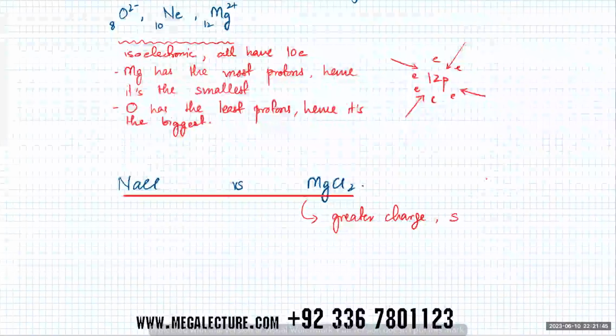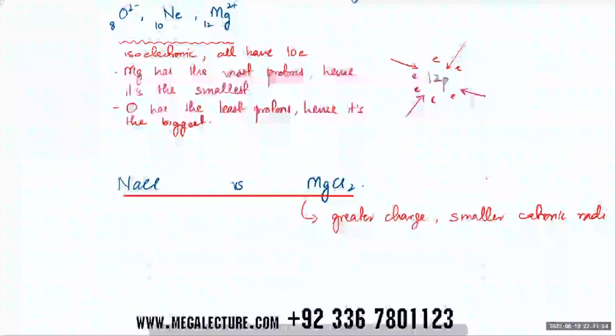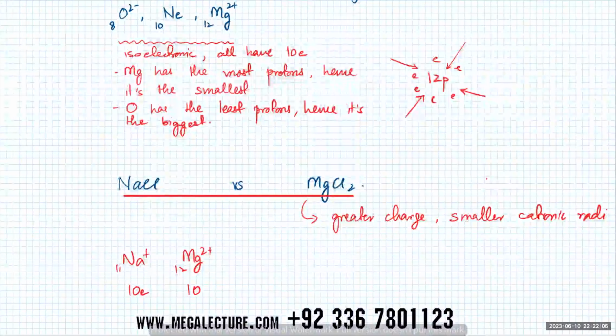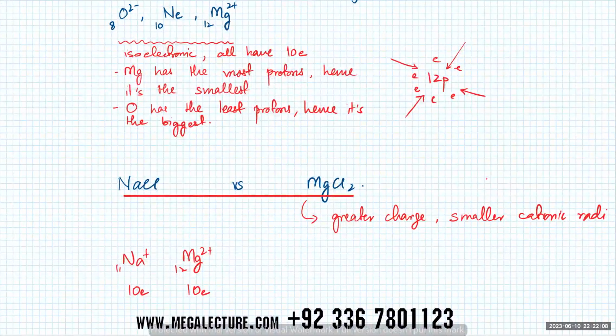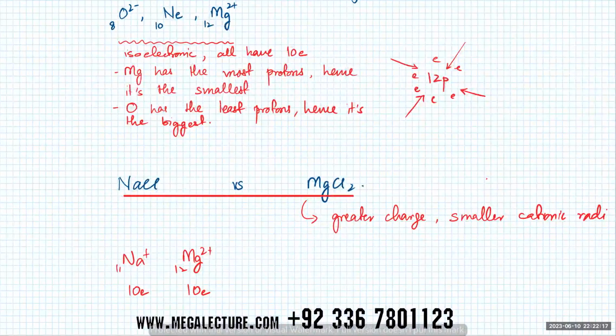So greater charge, and it's also got the smaller cationic radius. Mg2 plus and Na plus both have the same number of electrons, 10 electrons. But Mg having more protons is going to be smaller in size. Is this clear?